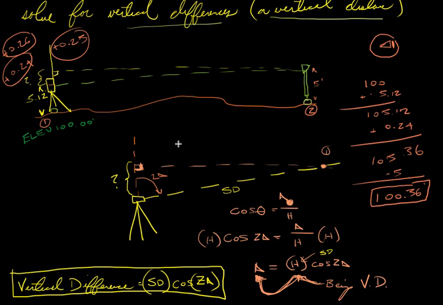So if you change the vertical angle just a hair, it's going to change this number quite a bit. If you take the cosine of an angle, change the angle just a bit, and take the cosine again, the number is going to change quite a bit. So multiplying that by a distance, it's going to change that number even if you change the zenith angle just slightly.